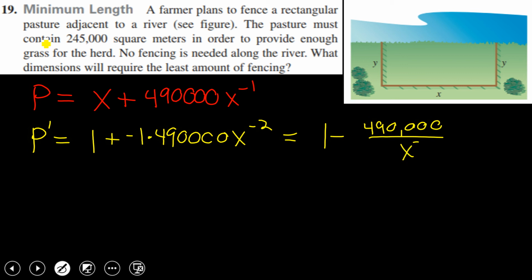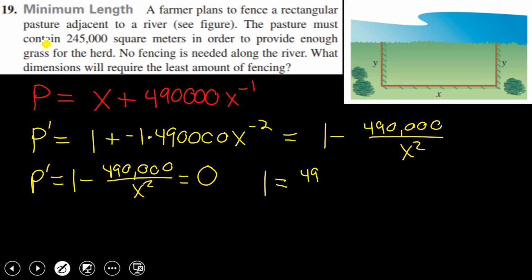Now what I'm trying to figure out is when does this guy equal 0? So I'm going to say 1 minus 490,000 divided by x squared equals 0. Now if that equals 0, I'm going to move one part over. So I'm going to get 1 equals 490,000 over x squared.